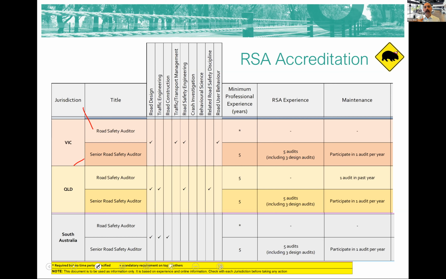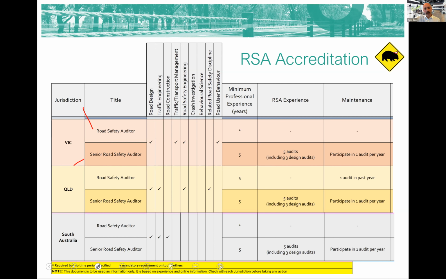What I did is created this one pager, and I popped that into the learning management system, which goes through all the different jurisdictions and all of their different requirements, because it's quite a mess.